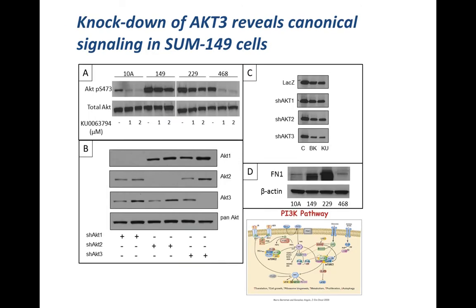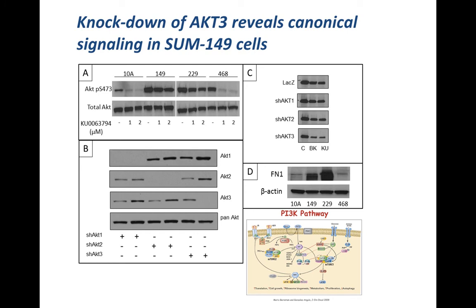Okay. So to try and prove that this is really the player, of course, then we go back and we do some knockdown experiments. So before I tell you about that, let me just tell you about one more drug here, this so-called KU drug. This KU drug operates right here in this part of the pathway. This is the mTOR complex. And mTOR is the actual direct kinase that phosphorylates this site.